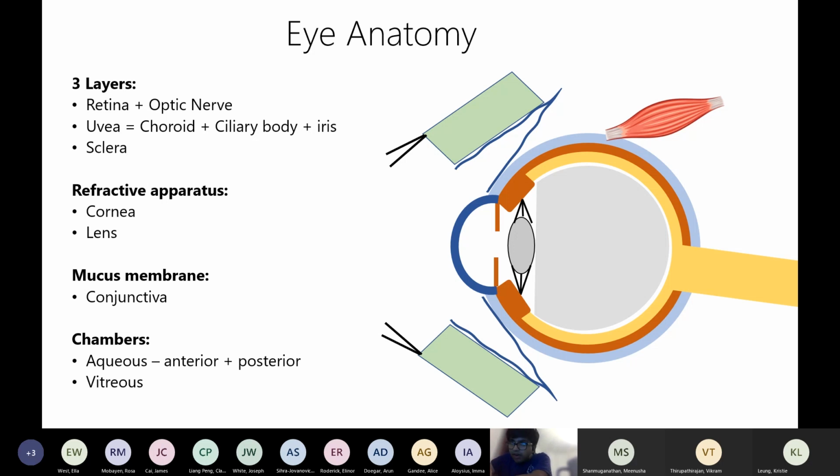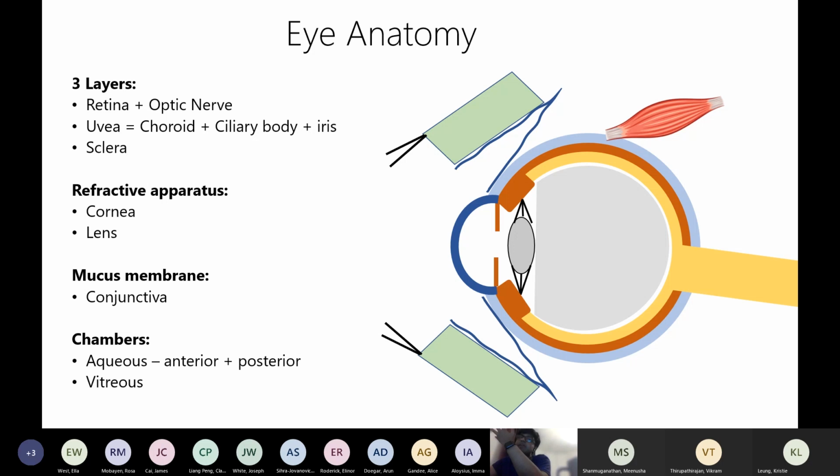Those go all the way around, and this is later split up into the posterior uvea and the anterior uvea, and this will become clear later when we talk about why that is. On top of these we have the sclera, the white bit of the eye that you see. Those are the 3 layers of the eyeball itself.